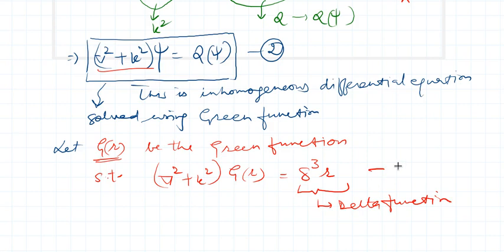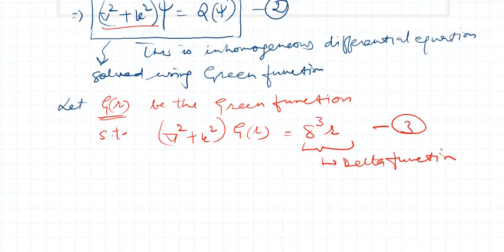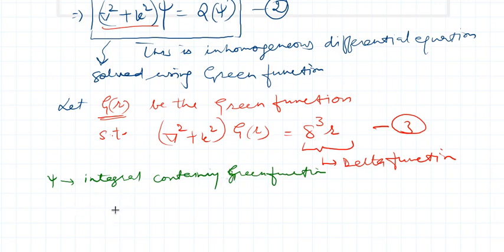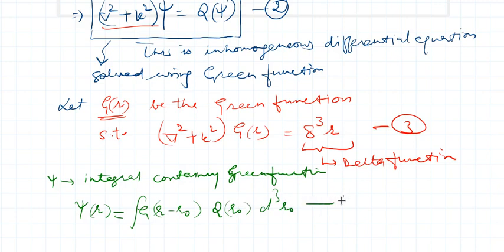So we can define the Green function in such a manner, and if it is expressed in such a manner, then psi can be expressed in terms of the Green function in the form of an integral. So psi(r) must be equal to the integral of G(r minus r naught) Q(r naught) d cube r naught, and let me call this equation number 4.